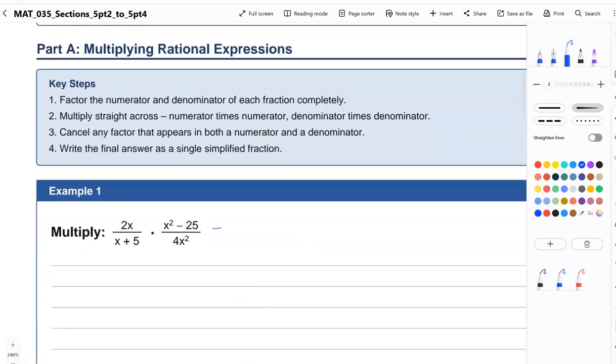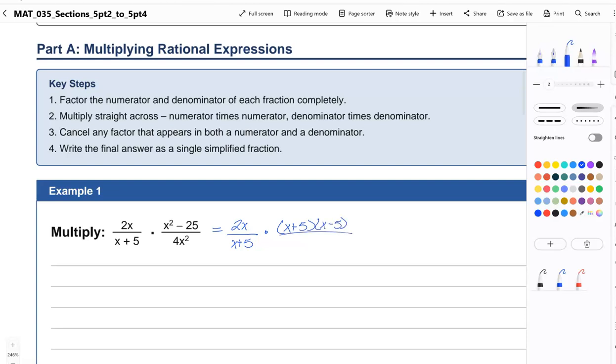So if we look at what's going on with this one, we have 2x over x plus 5 times x squared minus 25 over 4x squared. So I'm going to start by factoring that x squared minus 25. That's going to factor into x plus 5 times x minus 5.